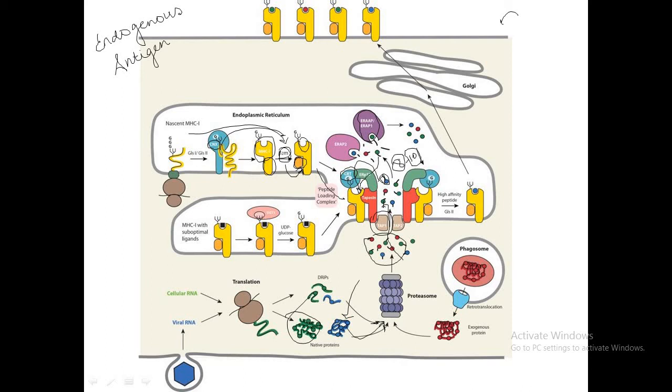So let me recap again. MHC1 in this nascent form gets properly folded via two different proteins, calnexin and calreticulin. Calnexin helps in the interaction of beta 2 microglobulin with the alpha 1, alpha 2 and alpha 3 chains of this MHC1 molecule and stabilizes it.